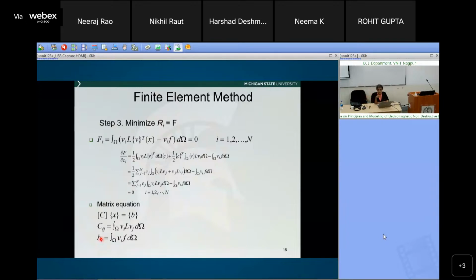But since finite element gives a much more accurate and efficient way in the spatial domain, very often some of our pulsed eddy current models use finite difference for the time domain and finite elements for the spatial domain. This particular one is the spatial domain at one instant of time only. There's no time variation involved.